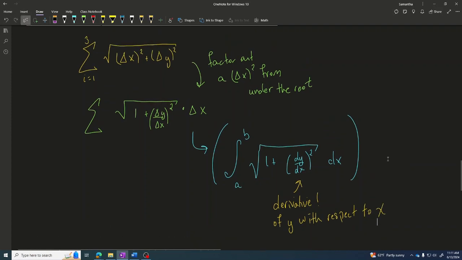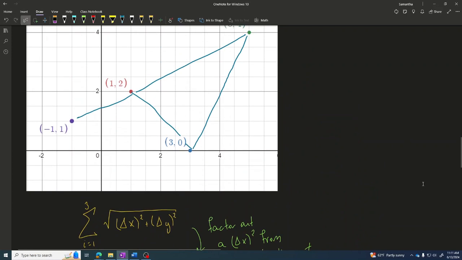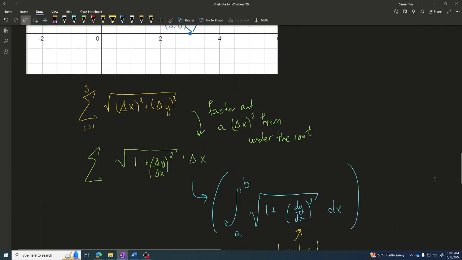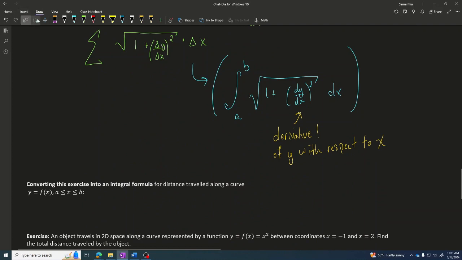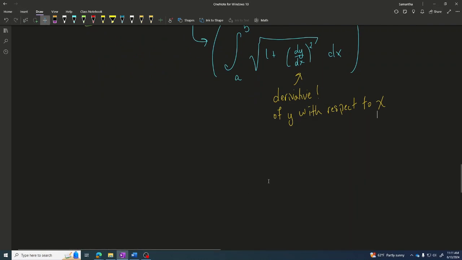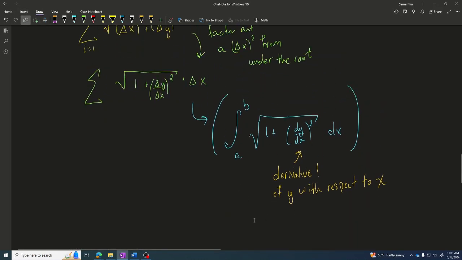So as an integral, if you want to calculate the distance traveled in two-dimensional space, what have we just figured out? If you wanted to do an integral for distance traveled in two-dimensional space, you would have to integrate from your smallest x value to your largest x value, the square root of 1 plus the derivative of y with respect to x quantity squared times dx.